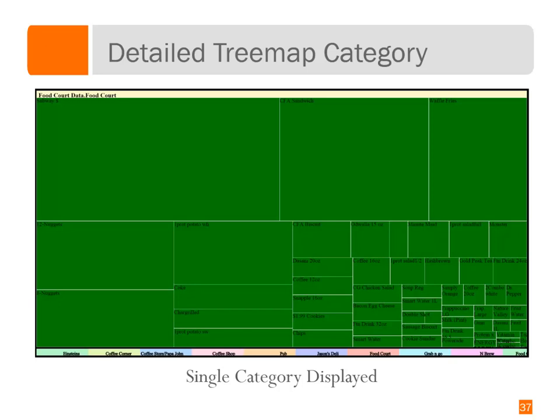Perhaps slightly less busy. This is a detailed tree map category. So we basically selected the food court data, and then we are looking at these different items to figure out what do people like the most on campus.